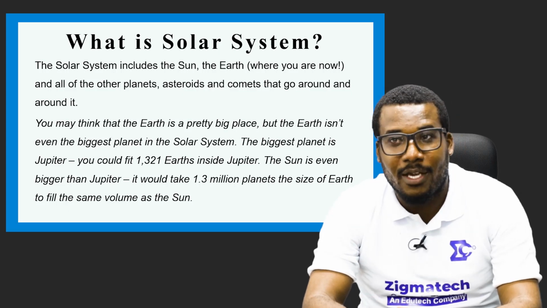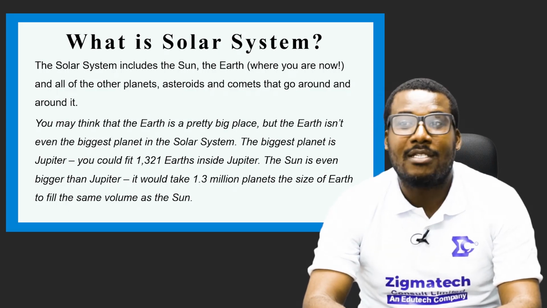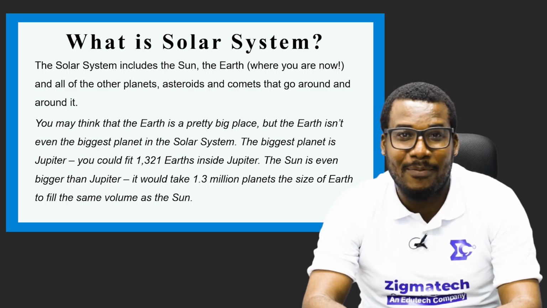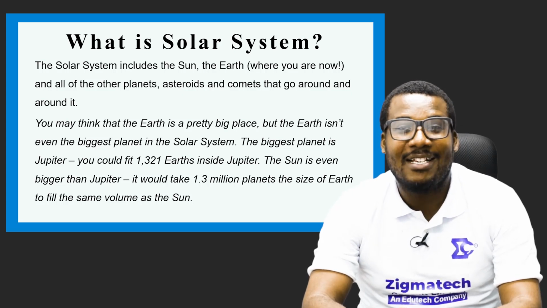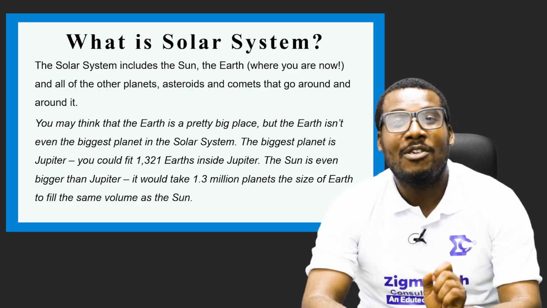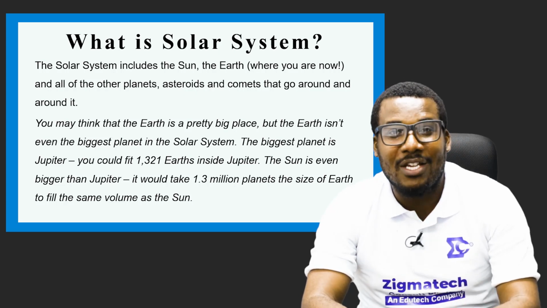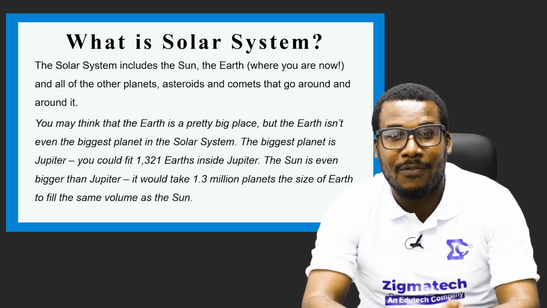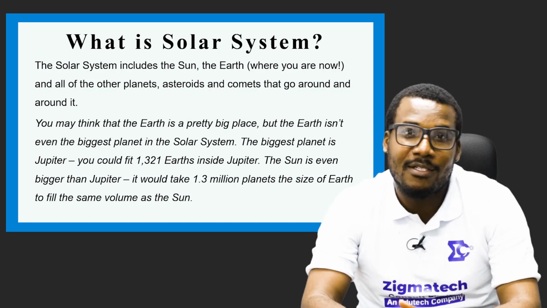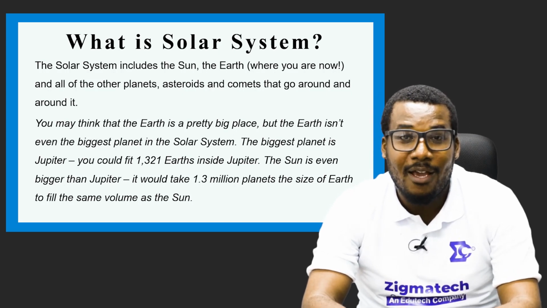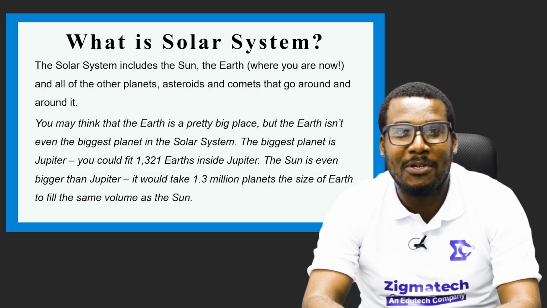And Earth is not even the biggest. In fact, the biggest planet in our solar system is Jupiter. And hear this fact for you: you could fit 1,321 Earths inside of Jupiter. That's how big Jupiter is. Now compare Jupiter to the sun.